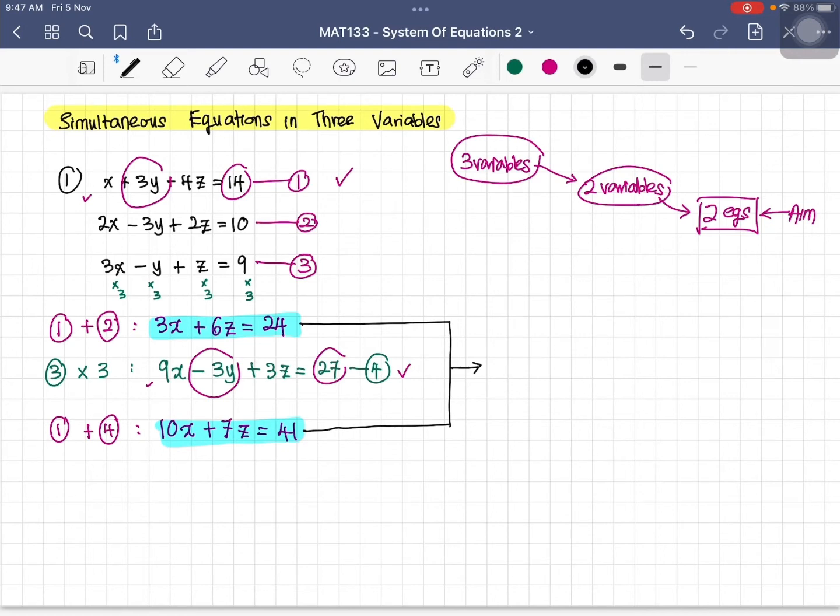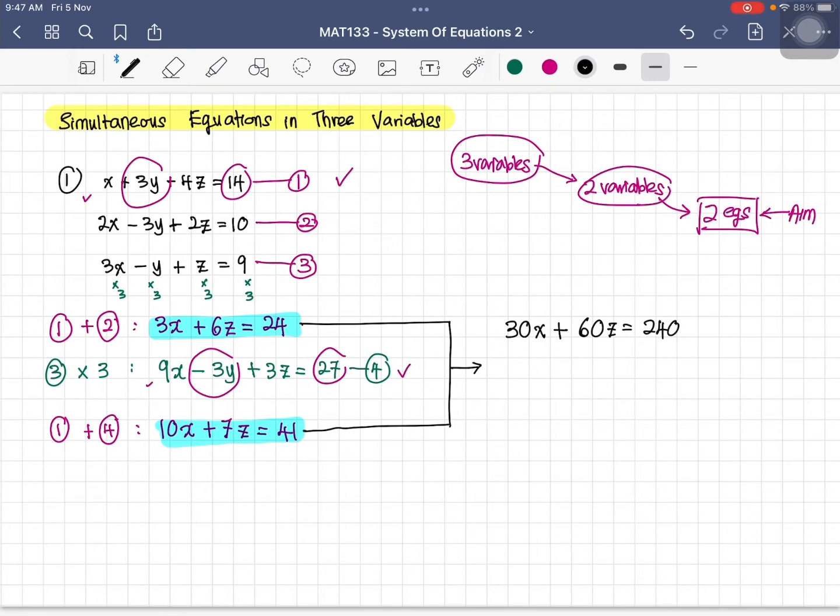If you want to use elimination, suppose I want to eliminate x. Therefore I have to multiply the first equation with 10, so I have 60z equal to 240.